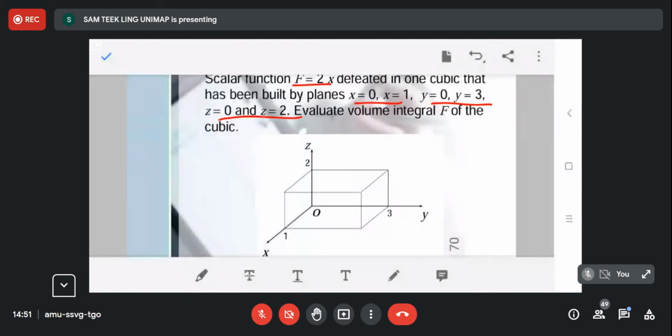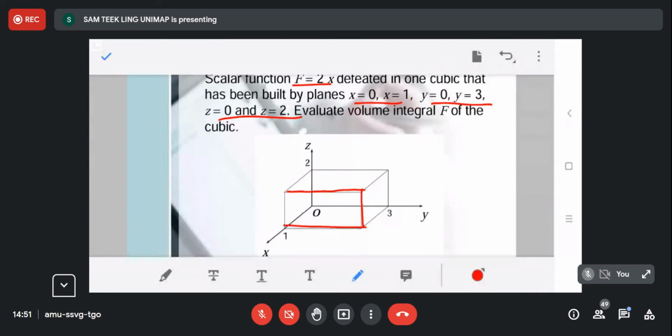We want to find the volume. For the surface x equals 1, this is the one in front. The one in front is a plane, x equals 1. Then the one behind is x equals 0.